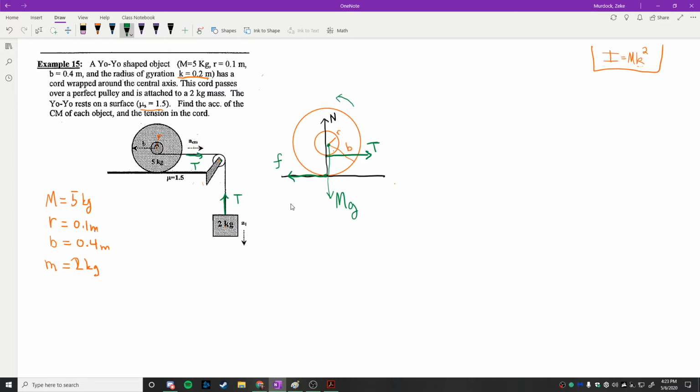It's either clockwise or counterclockwise, I think you would agree. We can see the direction of the acceleration of the center of mass. I wish I could show you guys the demo for this. We have a demo at the school for this. It's basically either going to rotate to the right or the left. Let's see if we can do some calculations to figure out which way the thing actually rotates.